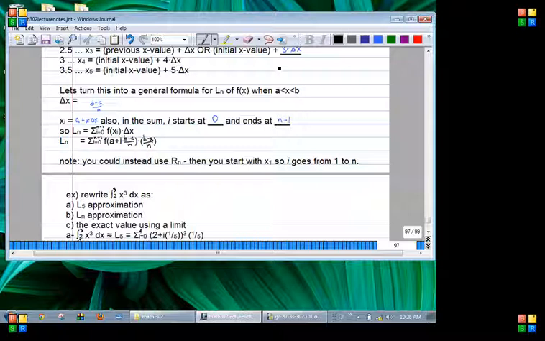So notice that here's your a plus i times delta x, and that's your xi value, and then you're applying the function to it, which is that whole thing cubed, and then you multiply f of xi times delta x. And how did you get the 4 in the boundaries? It's 5 minus 1. The sum goes from 0 to n minus 1, and in this case, n is actually 5, so it's just 4.